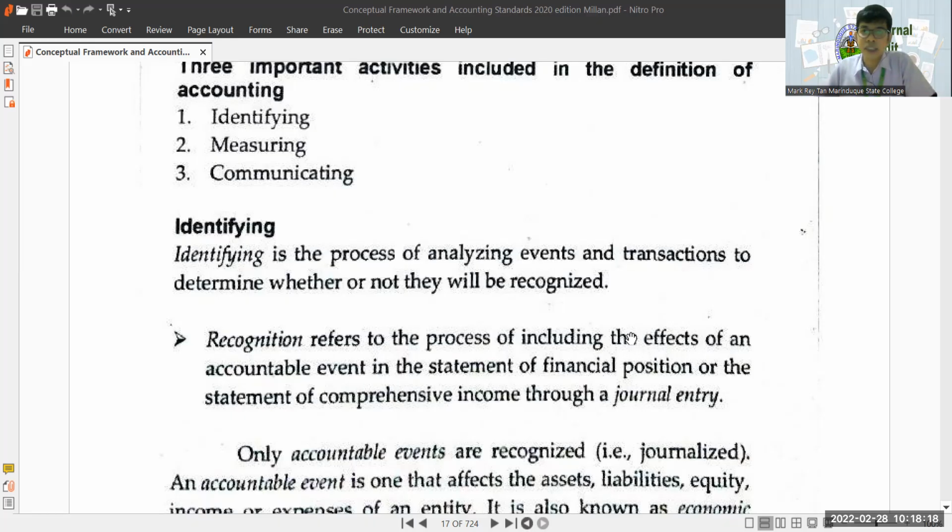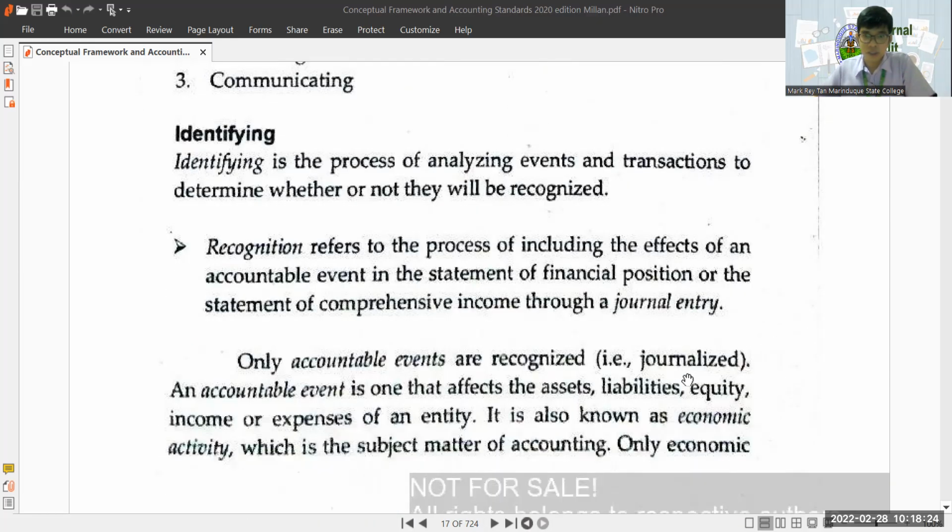Nare-record natin sa journal entry yung events and transactions. Diretso natin dito. Ang sabi, only accountable events are recognized. Ibig sabihin, hindi lahat ng events nare-record natin. Of course, only those accountable events.